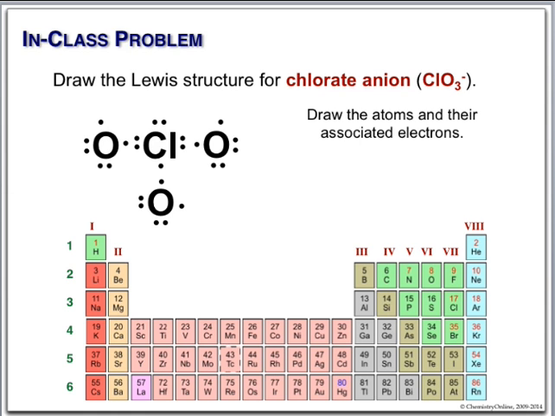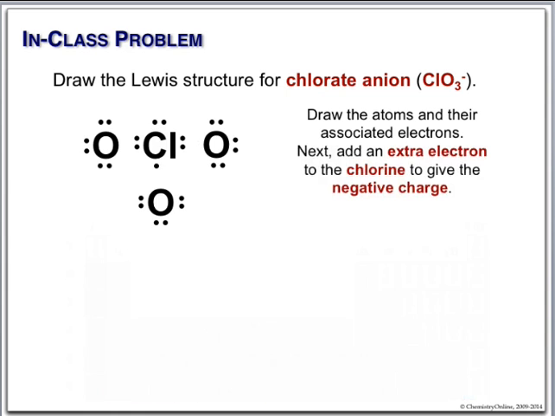So we have an extra electron in here, don't we? The extra electron is going to go here on the chlorine. When we do this, we have an extra electron in this group of atoms, so the whole group now has a negative charge.